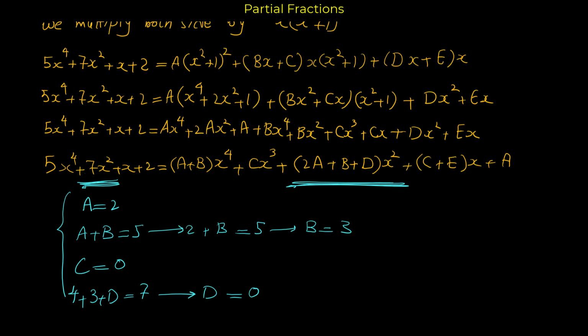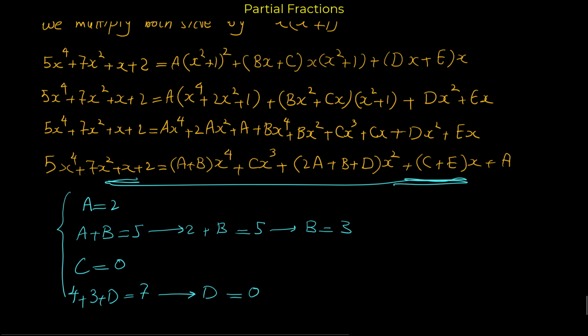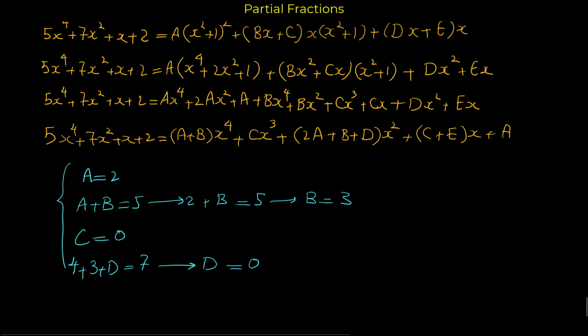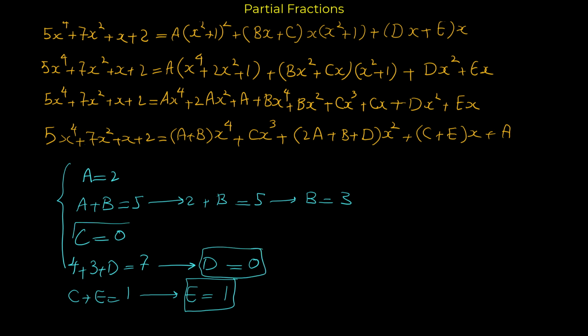And finally, compare the coefficient of x in the left side with the right side. In the left side, the coefficient of x is 1. But here it is c + e. So c + e should be equal to 1. So we have c + e equals 1, but c is 0, so e equals 1. d is 0, c is 0, a is 2, and b is 3.